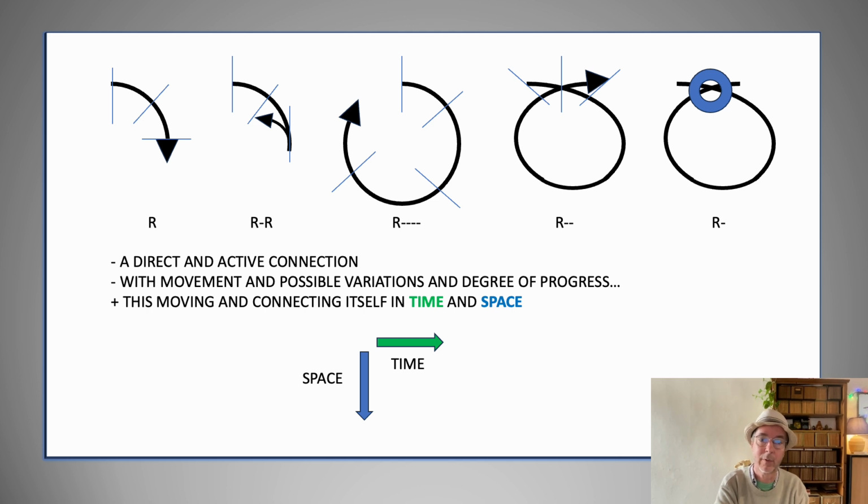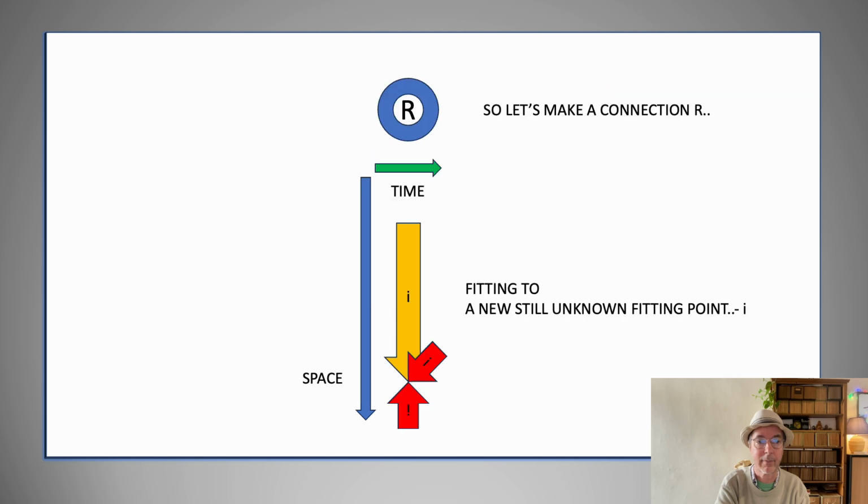How can we make river with this aspect that we know we can recognize? So we have these elements. We have here the first two letters already. We have the R. So let's make a connection in time and space with E. So fitting to, at this point, still unknown fitting point.